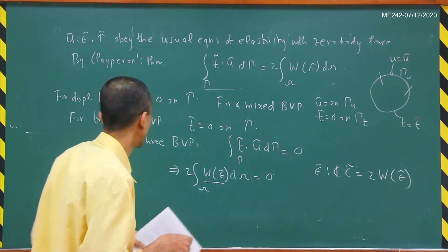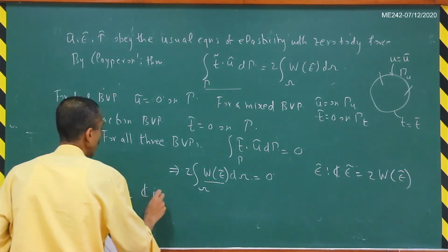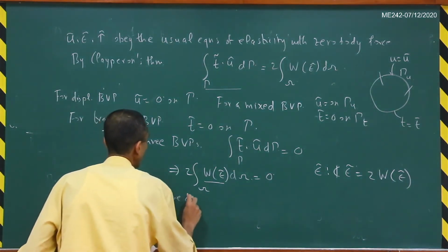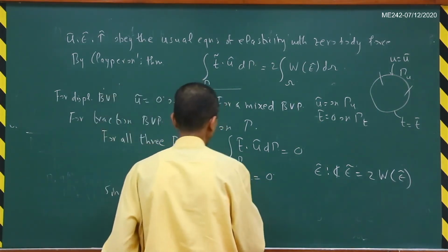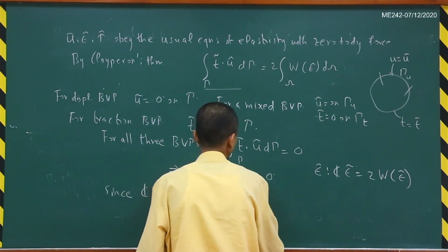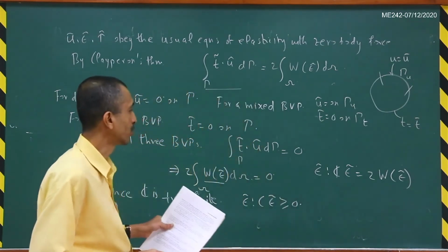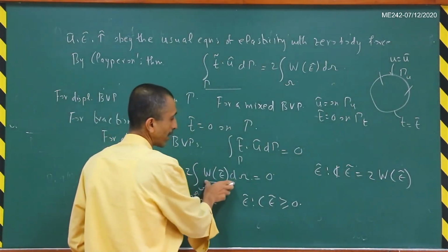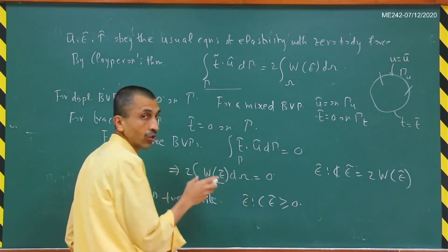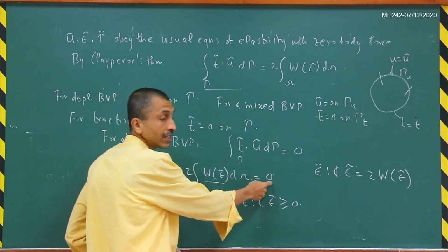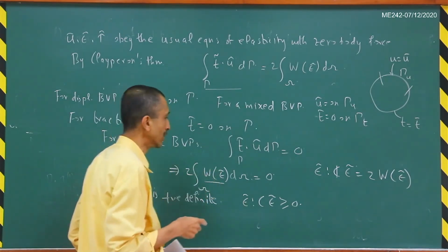Since C is positive definite, epsilon tilde times C times epsilon tilde is greater than or equal to 0, correct? And so if the integrand is greater than or equal to 0, this integral will also be greater than or equal to 0. But we have said that it is equal to 0.